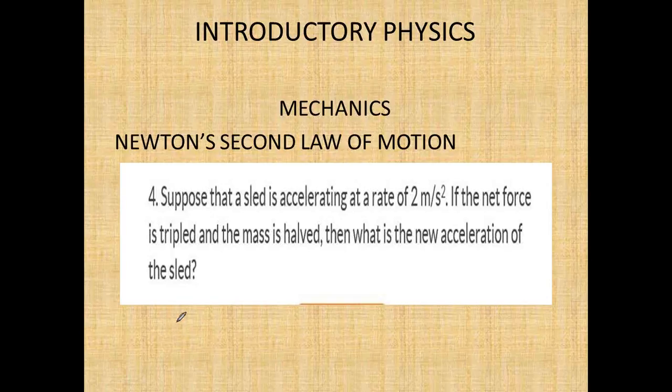So we know that from Newton's second law, force is equal to mass times acceleration. They said that the sled is accelerating at a rate of 2 meters per second squared.